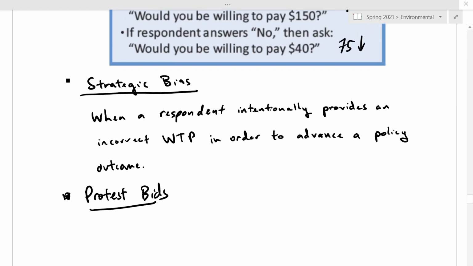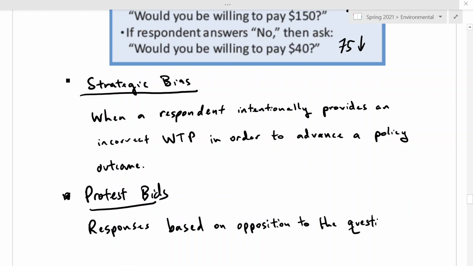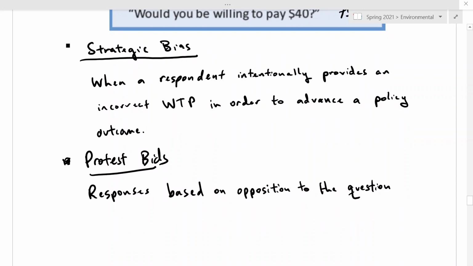These are responses based on opposition to the question rather than the underlying valuation of the resource.